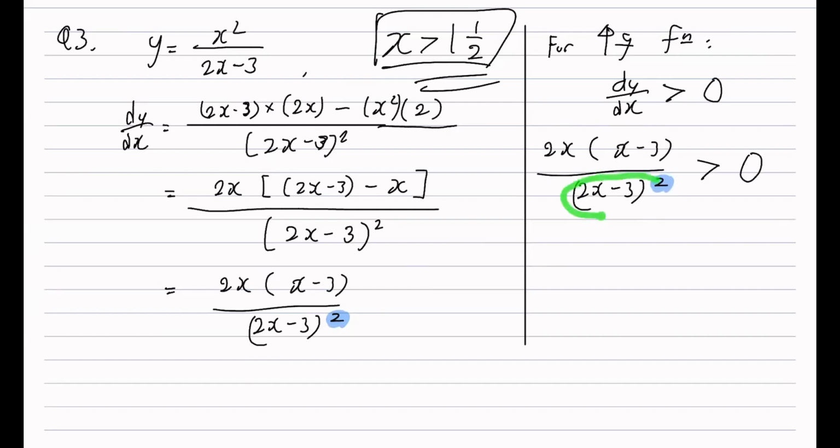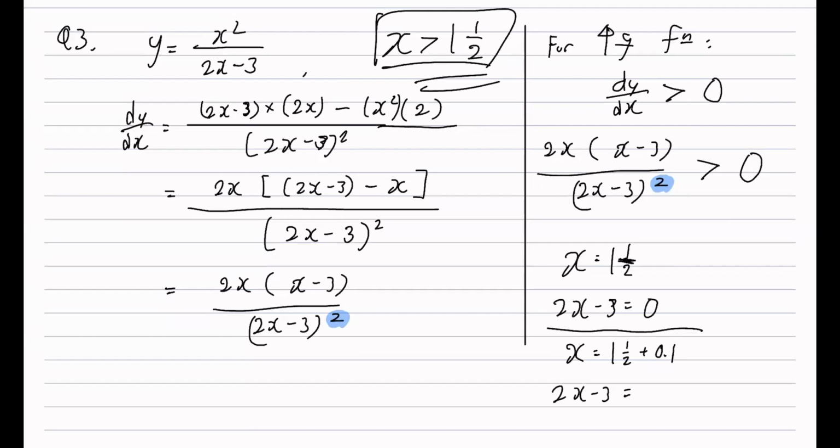Can you tell me something special about 2x minus 3 bracket square when x is more than 1/2? Let's try. If x is equal to 1/2, 2x minus 3 equals 3 minus 3, equals 0. Then if x is equal to 1/2 plus 0.1, then what's 2x minus 3?